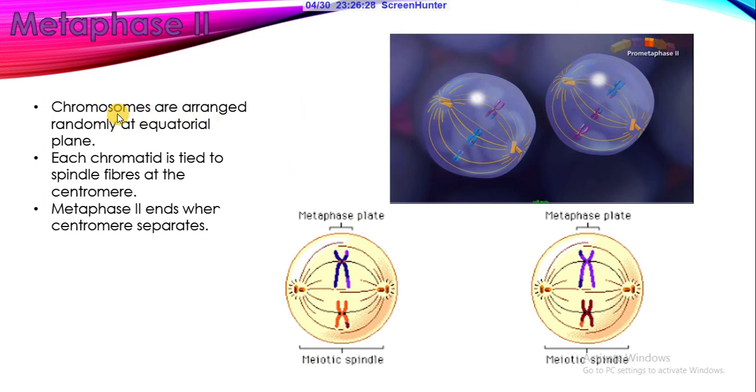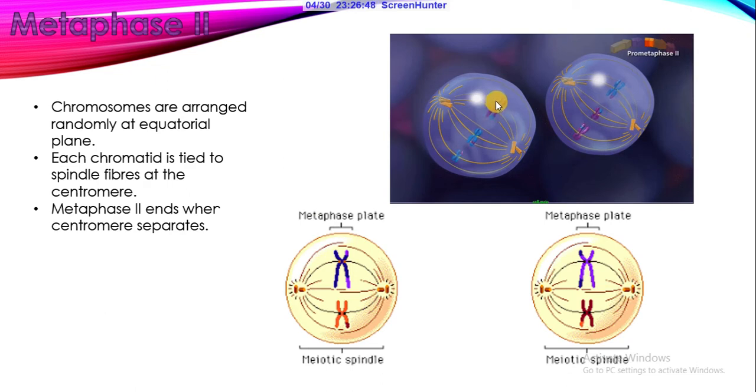For metaphase, chromosomes are arranged randomly at the equatorial plane. If you can see, okay, it is arranged at the equatorial plane or the metaphase plane. Each chromatid is tied to the spindle fiber at the centromere. If you can see, the two legs have their own centromere.